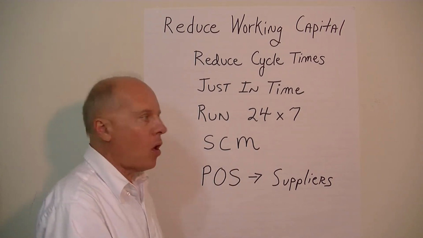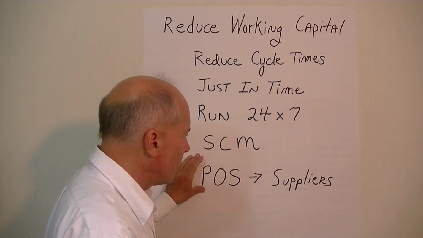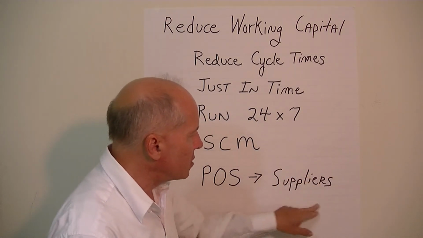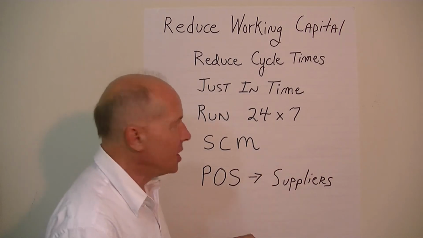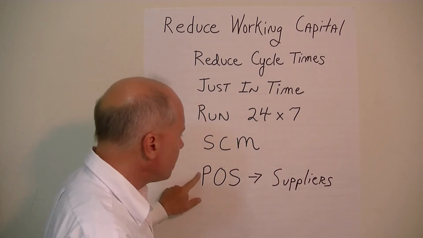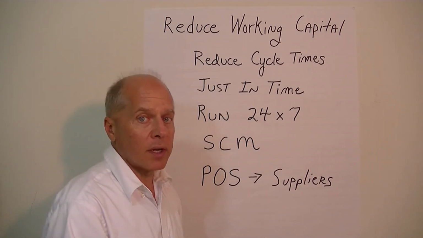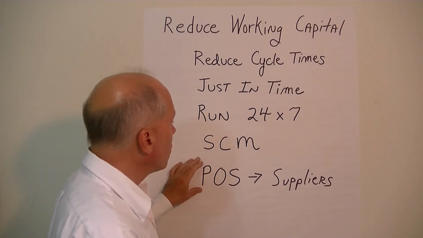Kind of like Walmart. Walmart has an inventory system that's linked to all the suppliers and vendors so they can get out there quickly to restock the shelves in a just-in-time kind of environment. So that's what you want to get to in the world of working capital management.